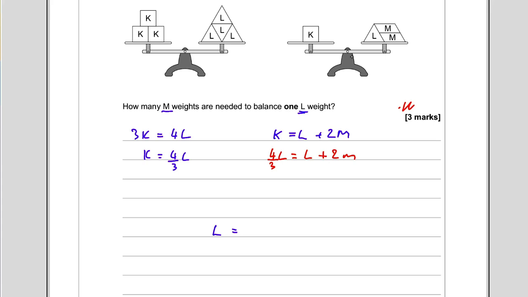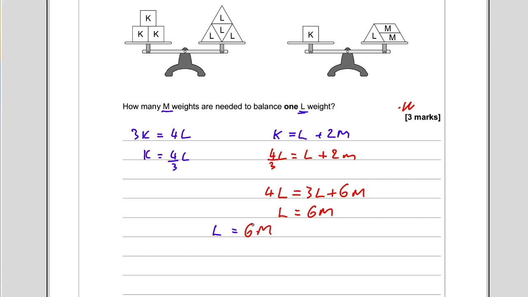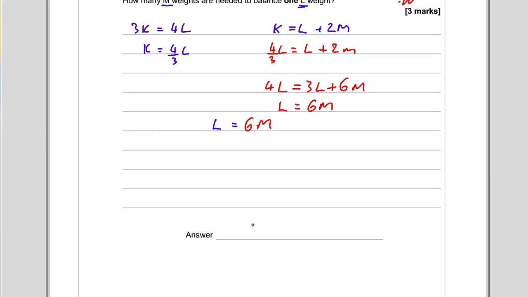So 4L is equal to 3L plus 6M. And then if I minus 3L from both sides, that gives me L is equal to 6M. The question said how many M weights are needed to balance 1 L, so that's just 6.